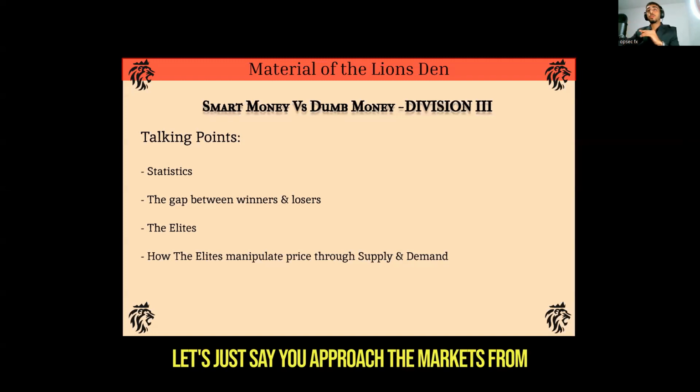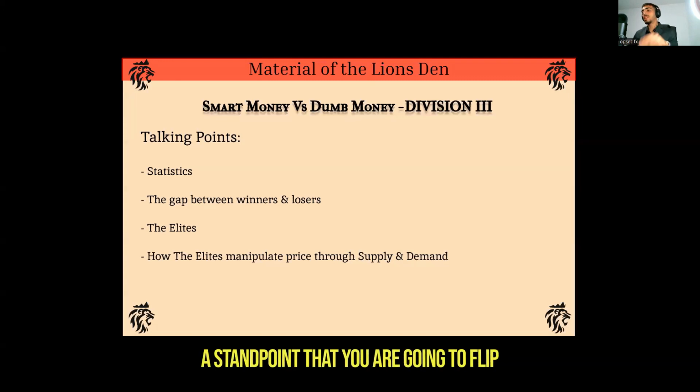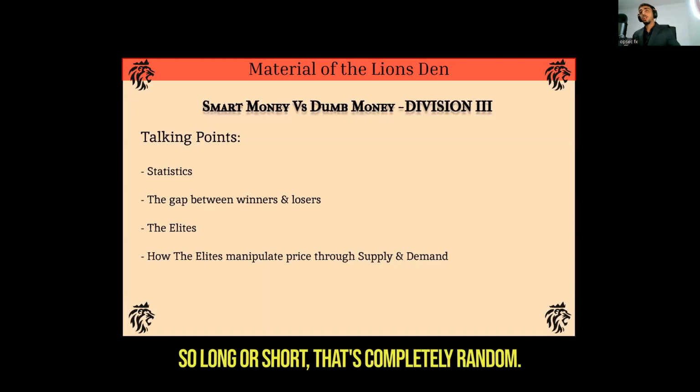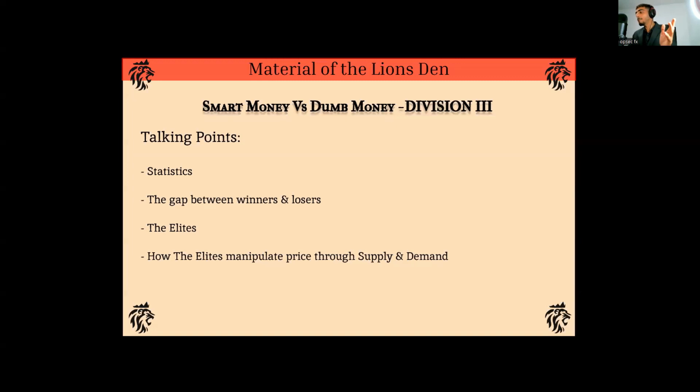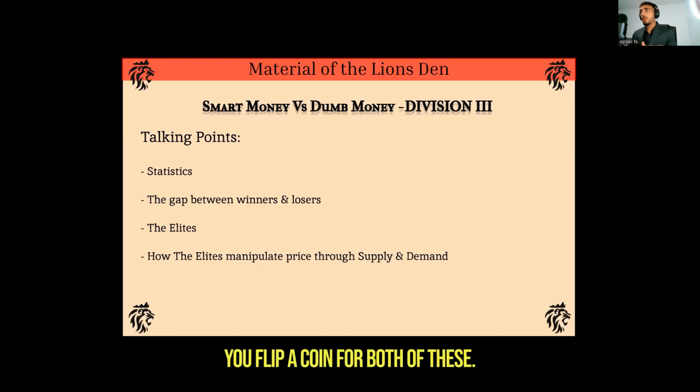Let's just say you approach the markets from a standpoint that you are going to flip a coin whenever you execute a trade. So whenever you execute a trade, you're going to flip a coin. So long or short, that's completely random. Stop loss, take profit, you flip a coin for both of these. Those are completely random values.